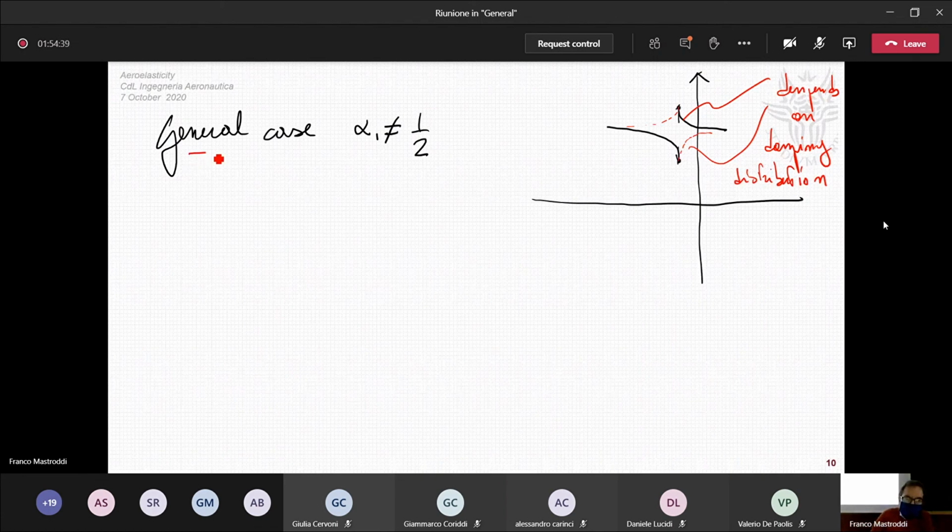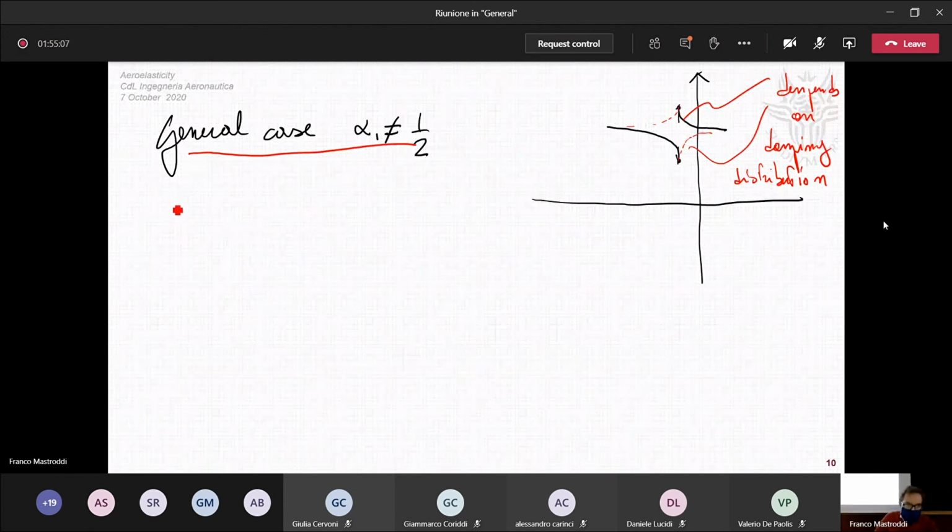Okay. To be practical, I will assign to you a first report on this exercise. I give you all the codes you need for performing this analysis, for evaluating analytically.